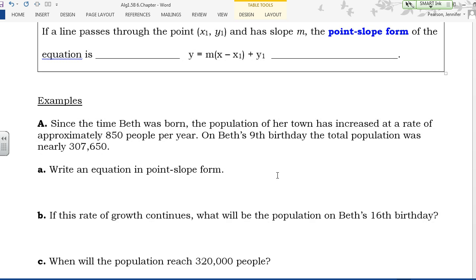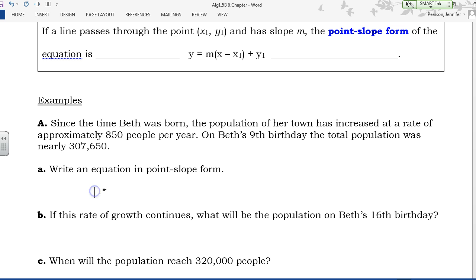So the first example says, since the time Beth was born, the population of her town has increased at a rate of approximately 850 people per year. On her 9th birthday, the total population was nearly 307,650. Write an equation in point slope form. So y equals, I need to put the slope in.